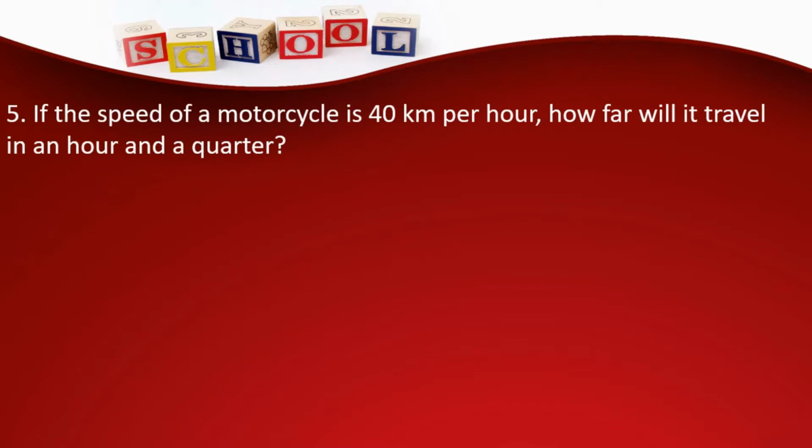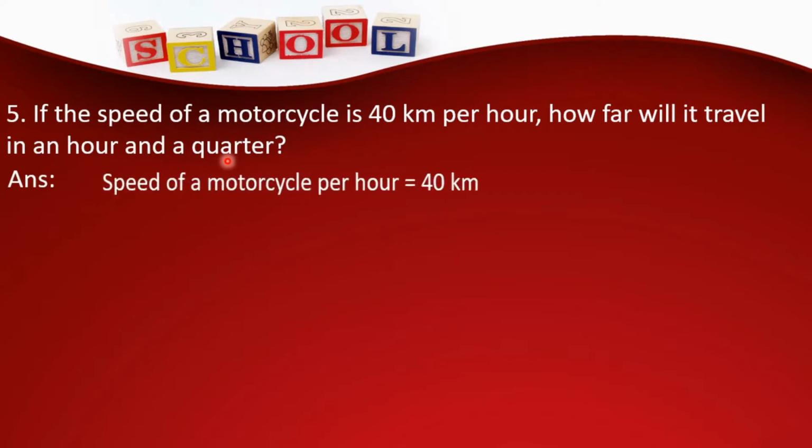Next question is, if the speed of a motorcycle is 40 km per hour, how far will it travel in an hour and a quarter? So we know that the speed of a motorcycle per hour is equal to 40 kilometers.